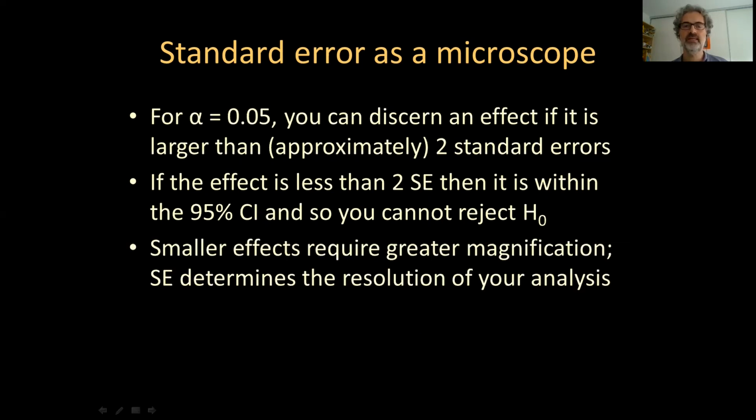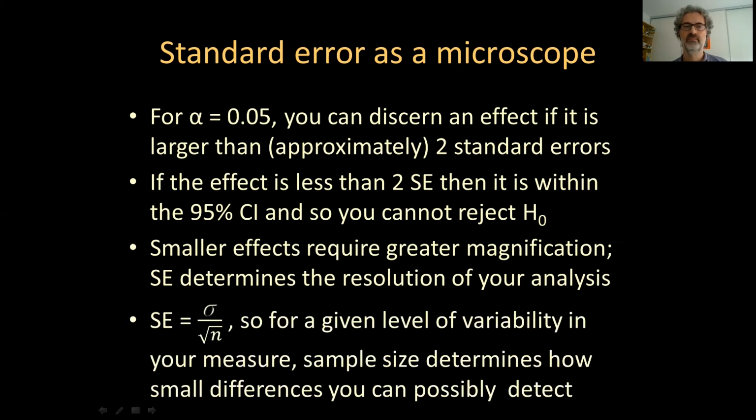In the same way that you need a more powerful microscope to see smaller organisms, you need a smaller standard error in order to be able to discern smaller effects in the data. The standard error is what determines the resolution of your analysis. The standard error is given by the standard deviation in the population divided by the square root of the sample size.